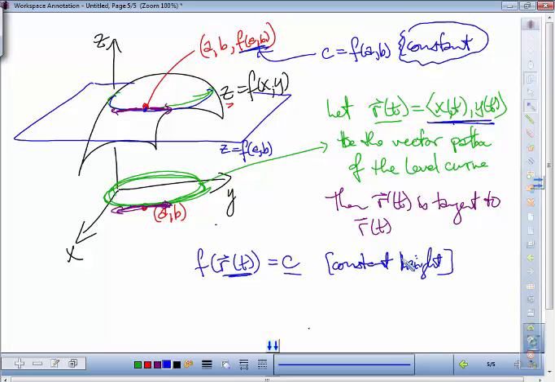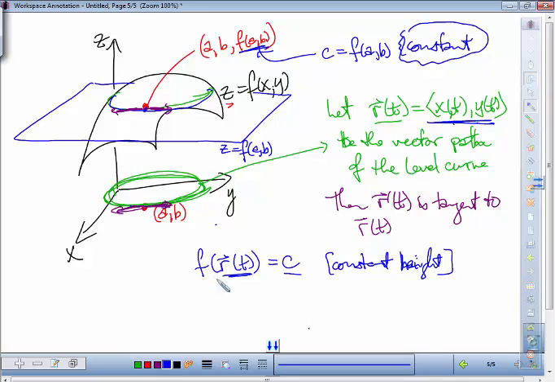I want to do something to this equation. When you see this equation, does it make you feel like doing something to it? What do you feel like doing to this equation? Taking the derivative.